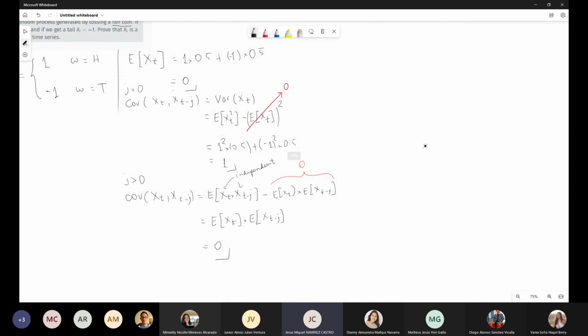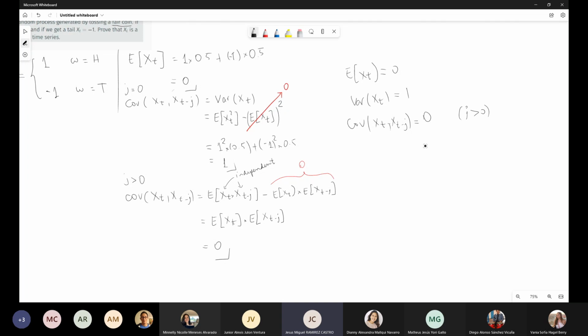So to sum up, we have the expectation of xt is 0, the variance of xt is 1, and the covariance of xt, comma, xt minus j is 0 for j greater than 0.